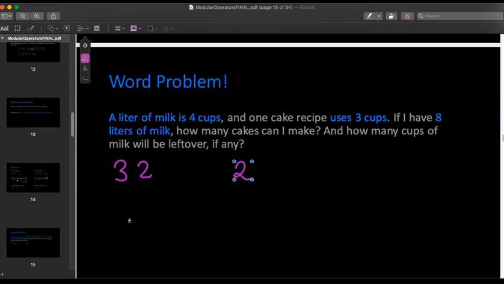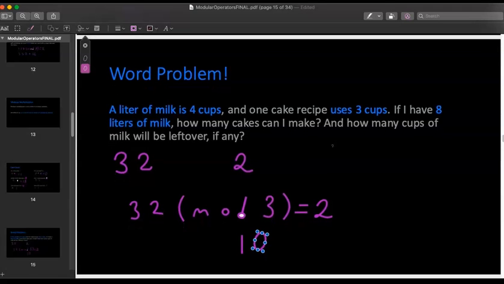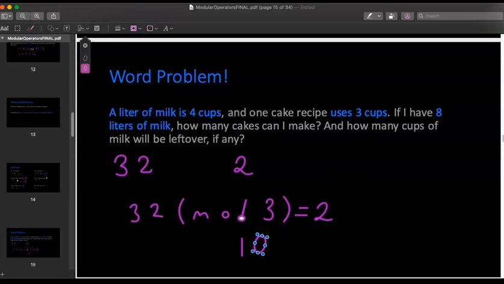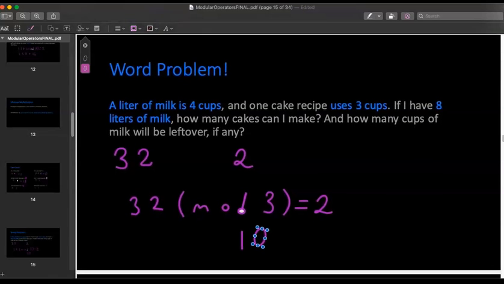So we would put 32 on the left side with a mod of the 3, and it will come out to a 10 evenly with the remainder of the 2. Perfect. That's our leftover. Like you said, we have 10 in there, which is how many I can make. Perfect. All right, that wasn't too bad. It's a lot of words, but it wasn't too bad, right? I like that problem.